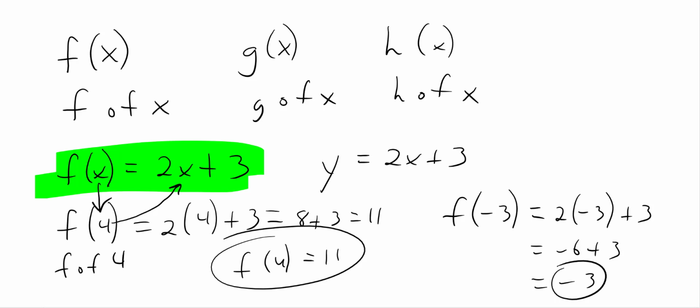It's very, very simple. You are literally plugging in the value after that f, so right here, you're plugging that 4 into wherever you see an x and simplifying. That's all you're doing. That's called function notation. And again, you can use so many different letters: f of x, g of x, h of x, b of x.